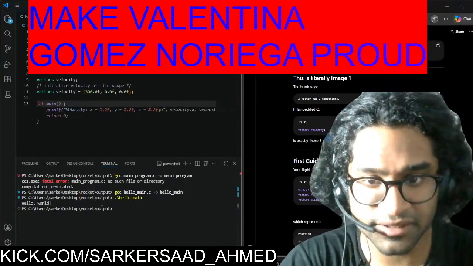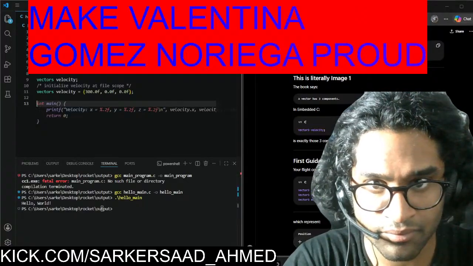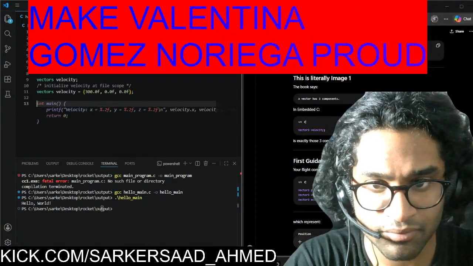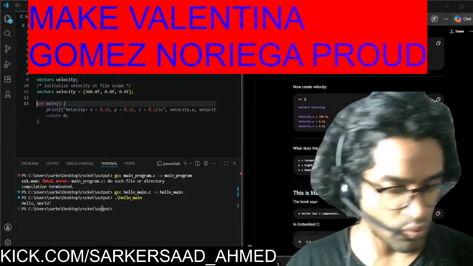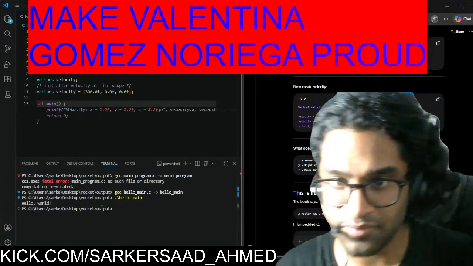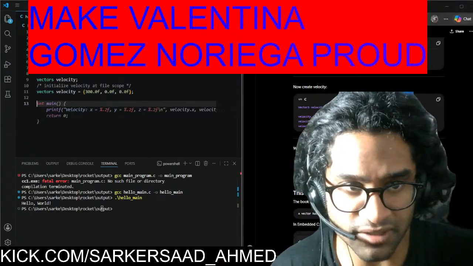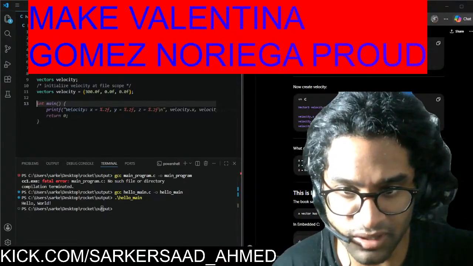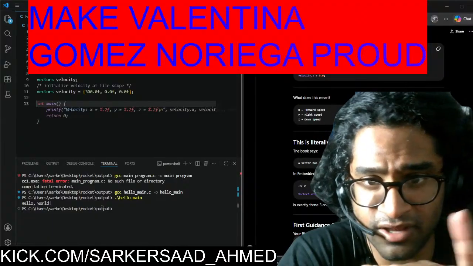So we created. Come again, what does this mean? So you have the forward speed, the right speed, the down speed. This way, this way. So this is literally image one. The book says that a vector has three components.